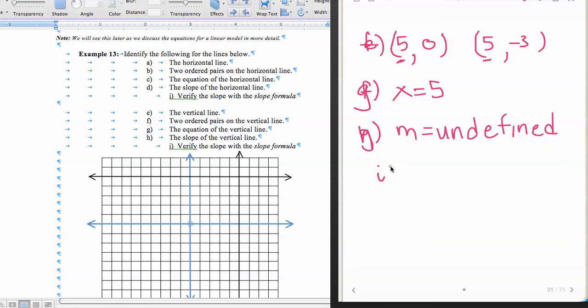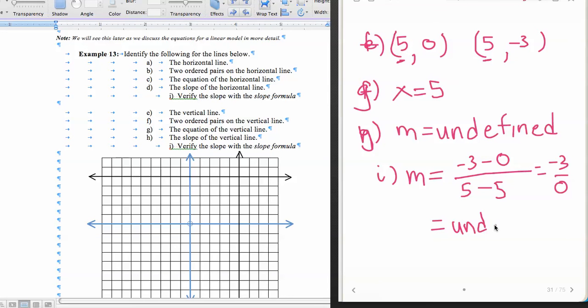So we have y2 minus y1, so -3 minus 0 over x2, 5, subtract x1, which is positive 5. And so this gives us a -3 over a 0. And division by 0 is undefined.